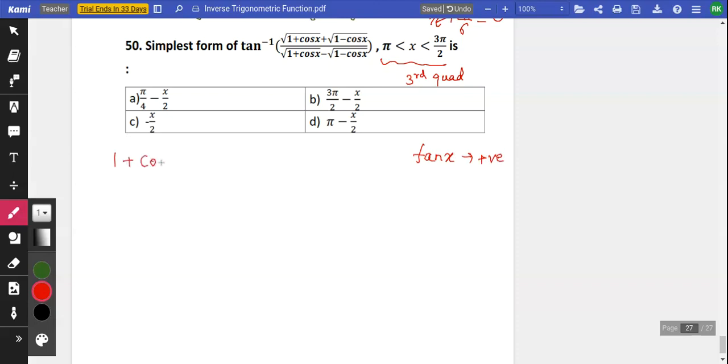Basically in this question we use a new formula again. 1 plus cos x is 2 cos square x upon 2, and 1 minus cos x is 2 sine square x upon 2.